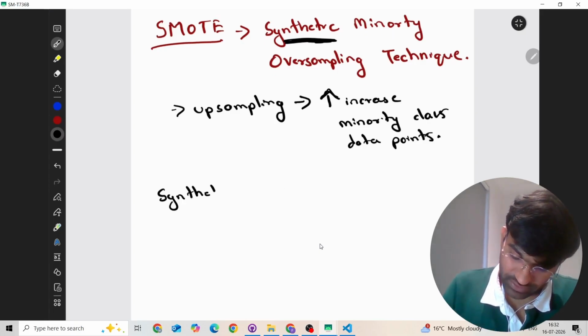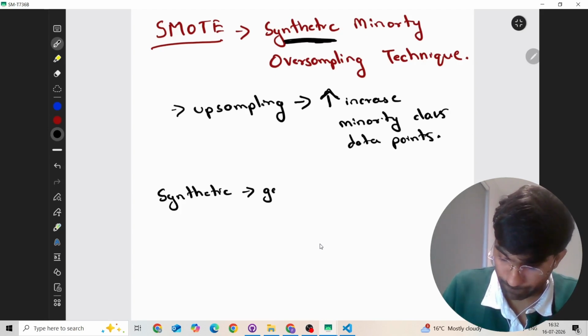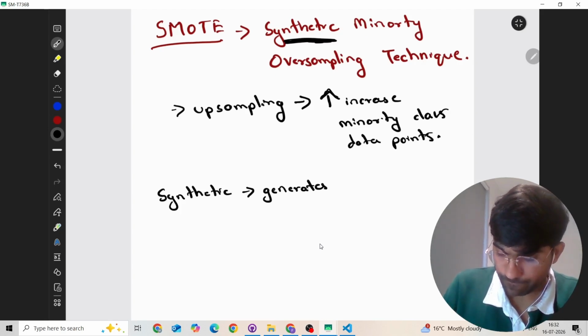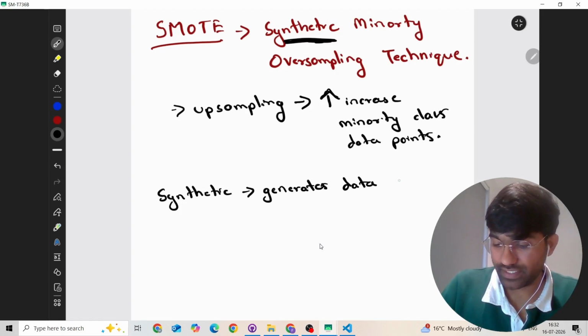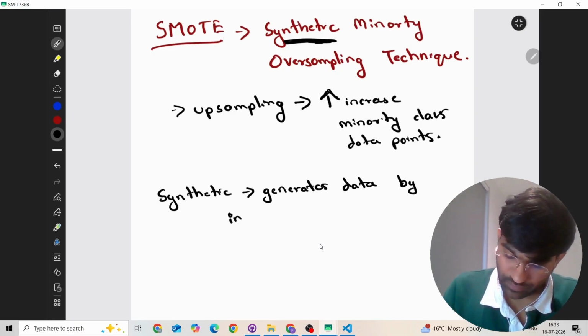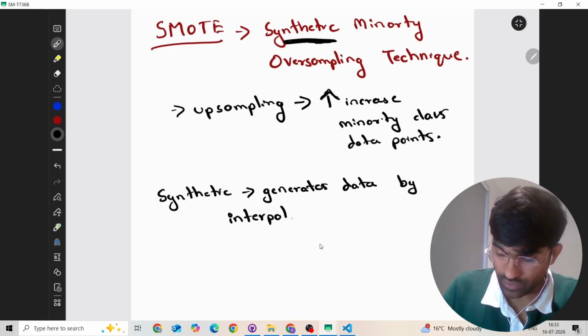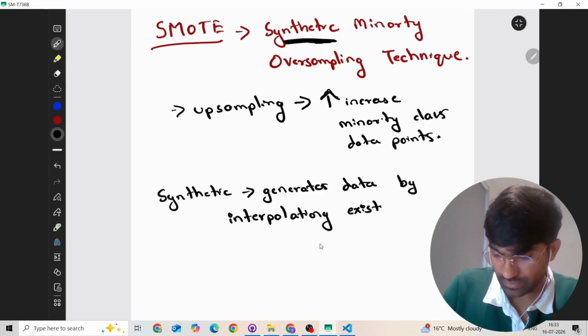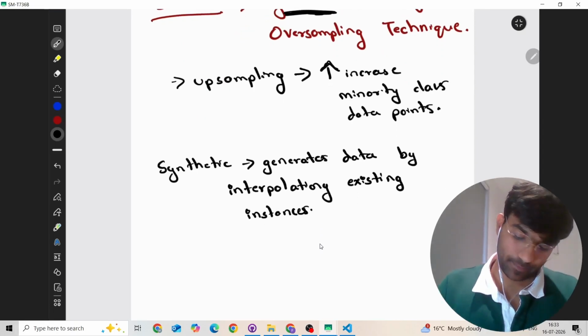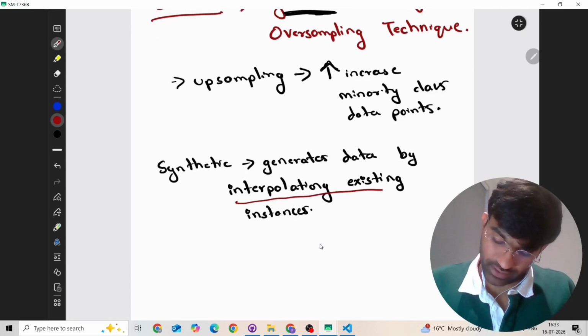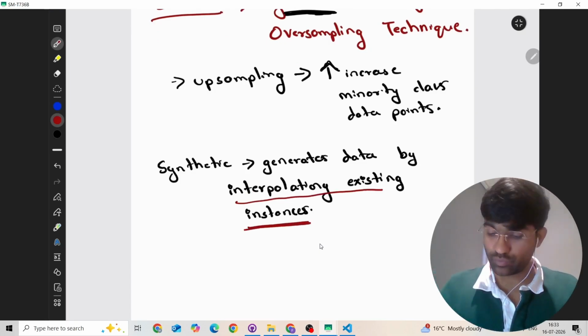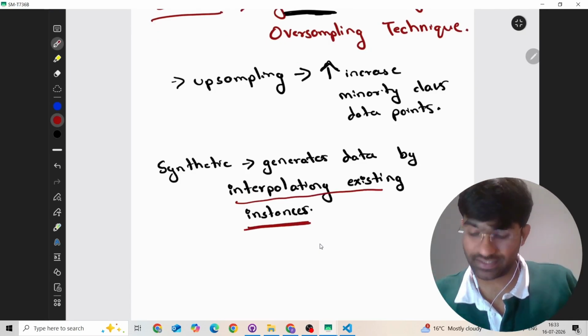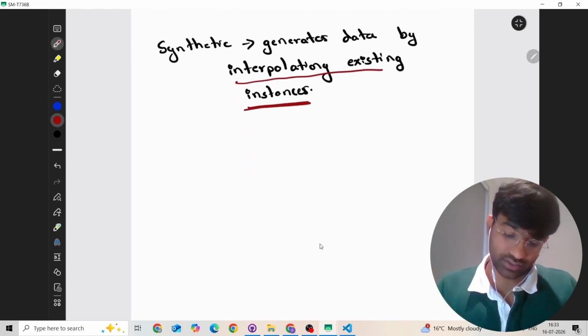Why I use synthetic here is that it generates data by interpolating existing instances. SMOTE uses interpolating existing instances to generate new data.